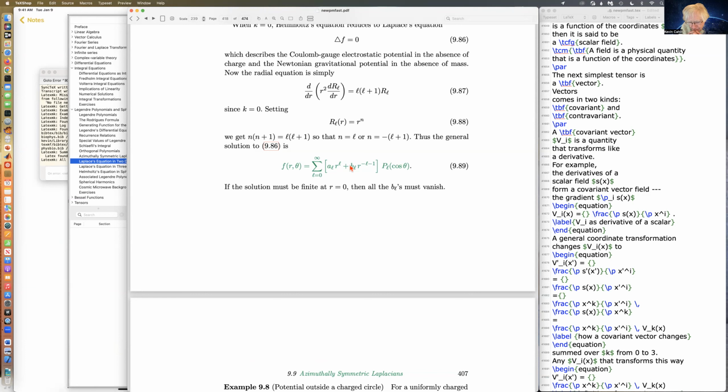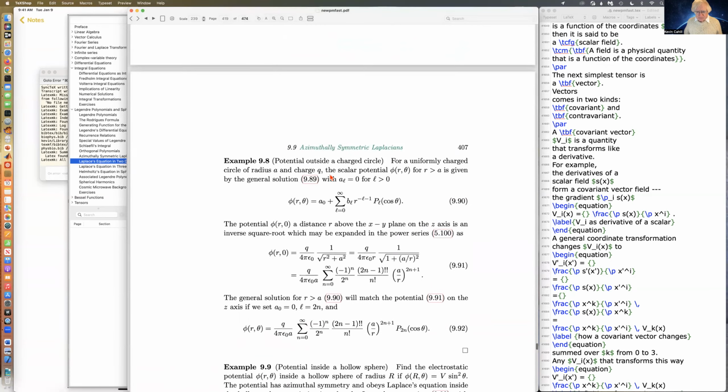And consequently, all of these terms, the B_L times r to the minus L minus 1, would be associated with a charge at the origin, but there's nothing inside the sphere because it's hollow, and so there's no charge at the origin, and so all the B's have to vanish.